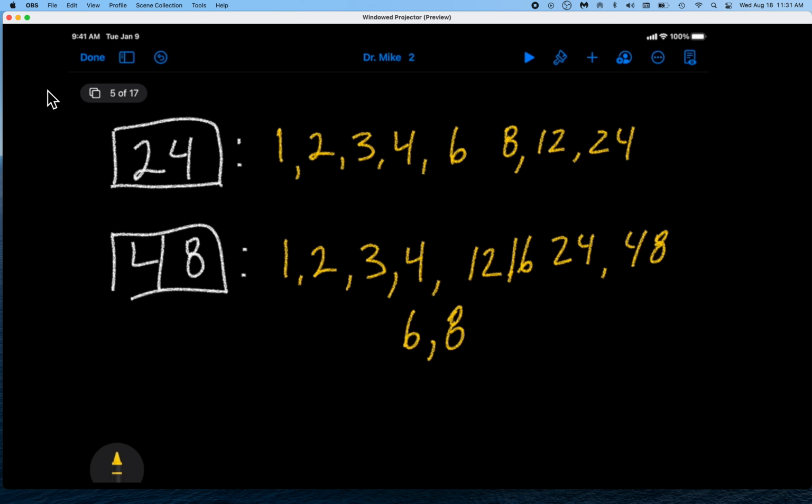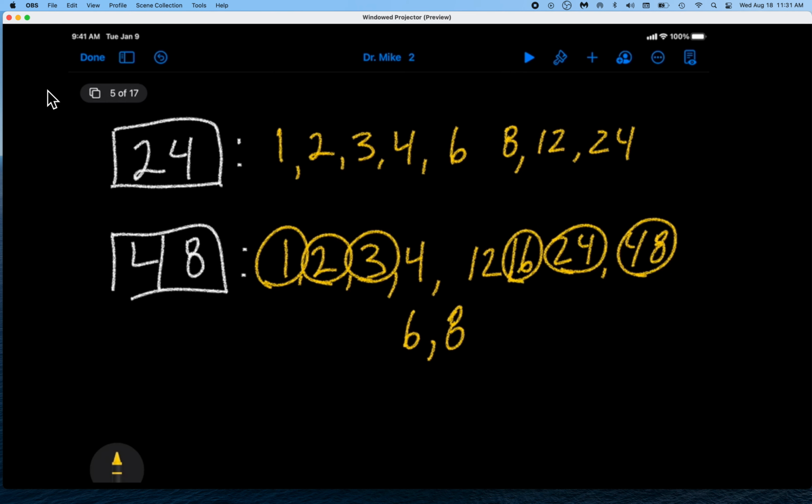Tons of factors. 1 times 48, 2 times 24, 3 times 16, 4 times 12. 5 times nothing works. 6 times 8. 7 times nothing works. 8 times 6, we're in repeat mode, so we are done.